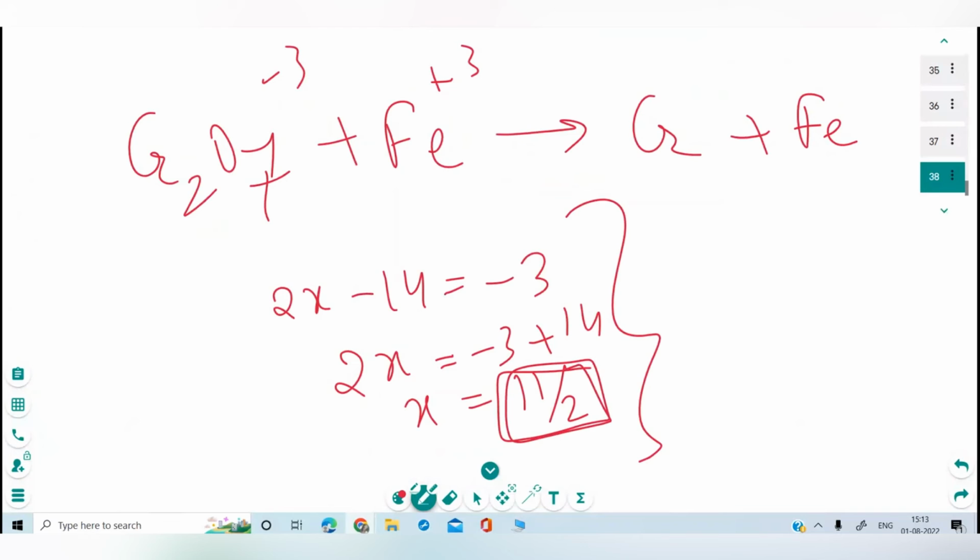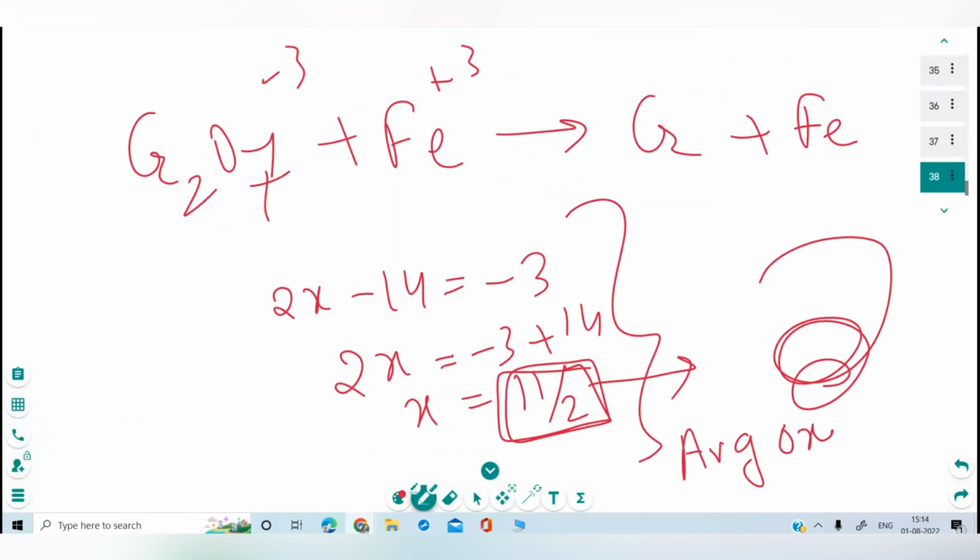So you got 11/2. And when you get this kind of a situation, when you have it in fraction form, it is called average oxidation state or number.